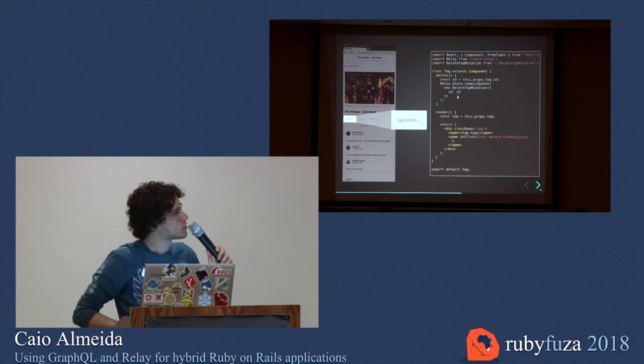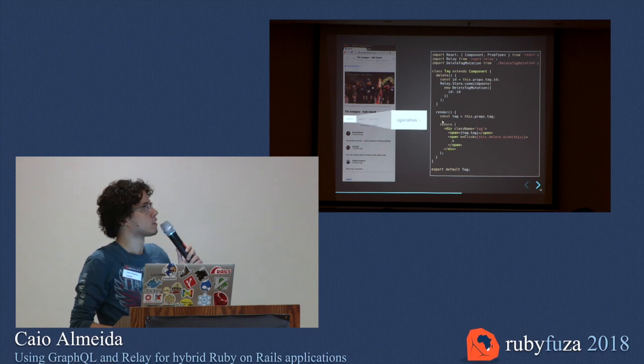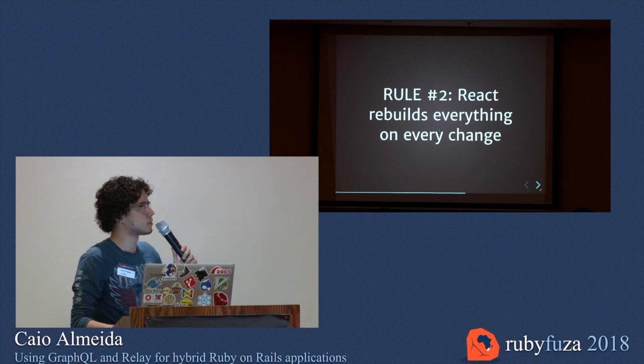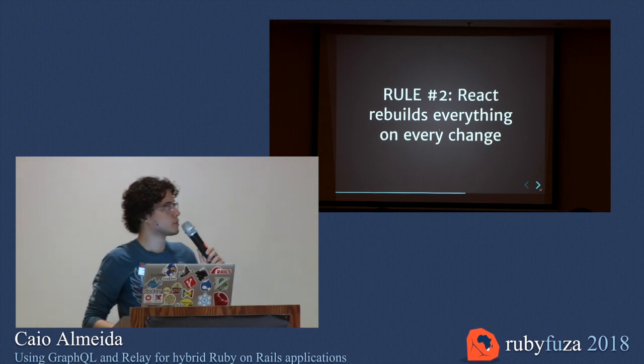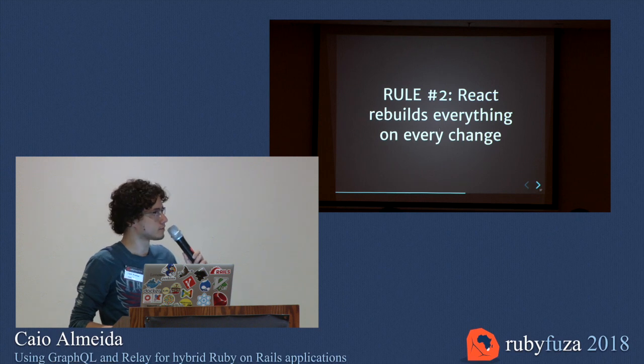And what it's going to do is just to commit that to the backend, and you don't see anything here saying that I'm going to hide or to remove that from the DOM, because React is going to take care of that automatically for you, and that's rule number 2, that is going to rebuild the whole thing on every change you make to the states of the data.